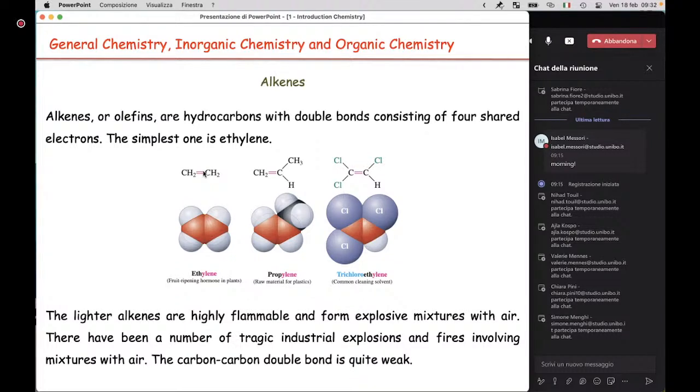So alkenes are more reactive than alkanes. They are also, like alkanes, highly flammable and quite explosive, usually. Of course, nothing stops a molecule from having more than one double bond, okay? Complex molecules can have 10 or 12 double bonds and so on, okay?